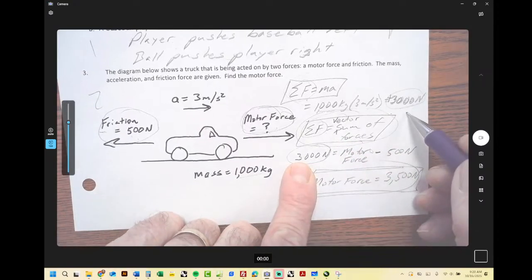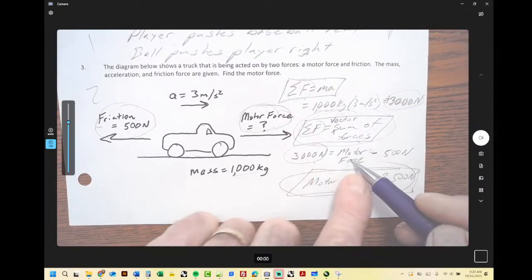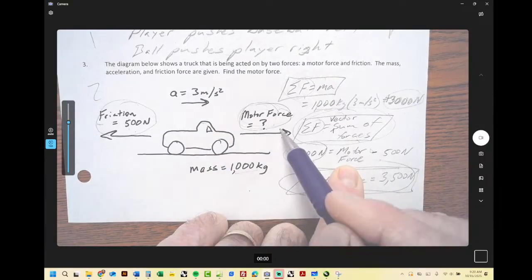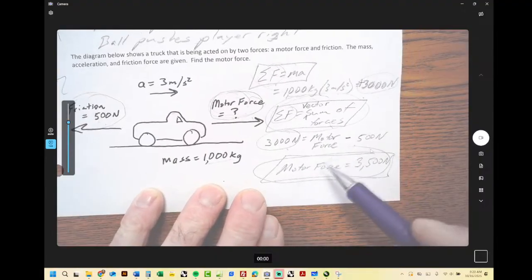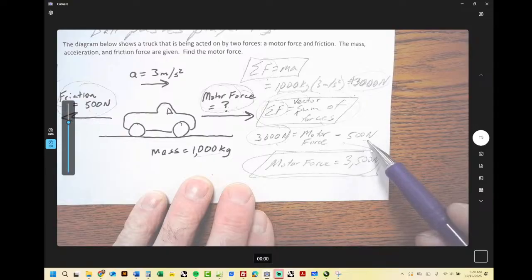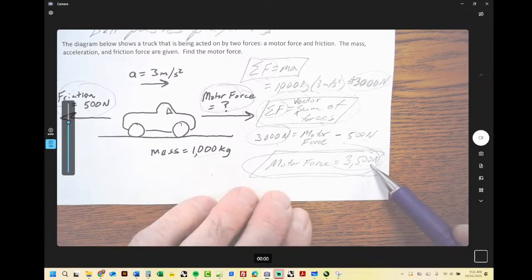I already figured that out using Newton's second law. The net force equals the motor force minus 500 newtons, because the motor force is positive and friction is negative. So now I've got a really easy equation I can solve. 3,000 equals something minus 500. Add this to both sides, and the motor force has to be 3,500. And on this quiz, if you don't have units, I'm not going to take off points, but on the test I will, so you should really practice that.